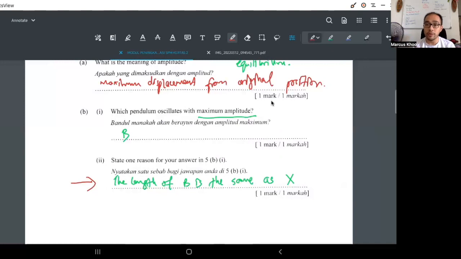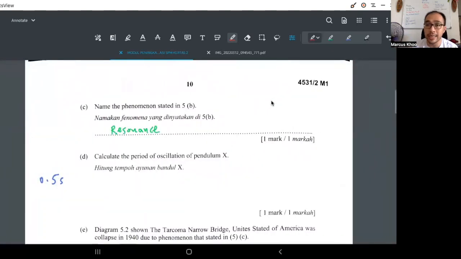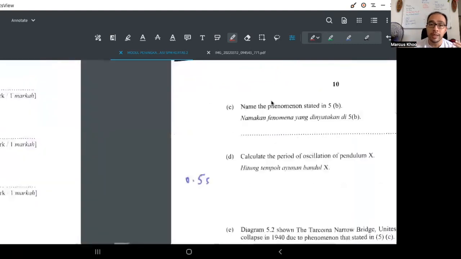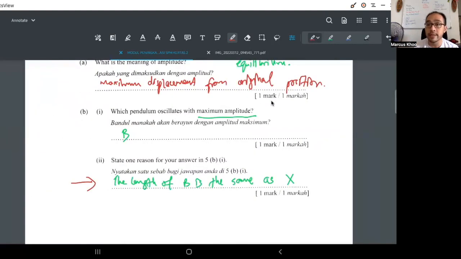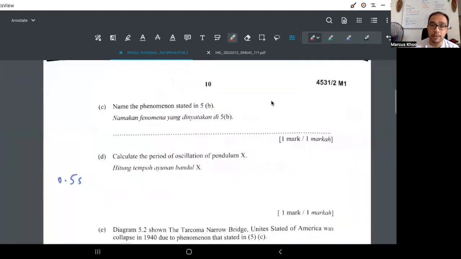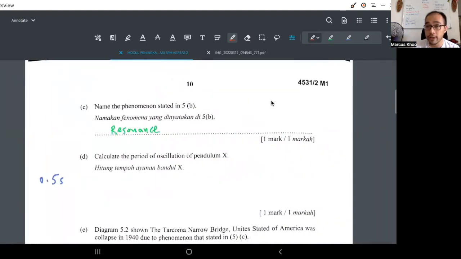But in this question, you have to be smart. You cannot write resonance for B2 and then resonance again for the next part, because one asks for the phenomenon and one asks for the reason. But if they only ask for the reason, you can write resonance, totally not a problem. Only in this question they ask for the phenomenon, so you have to give a different reason.